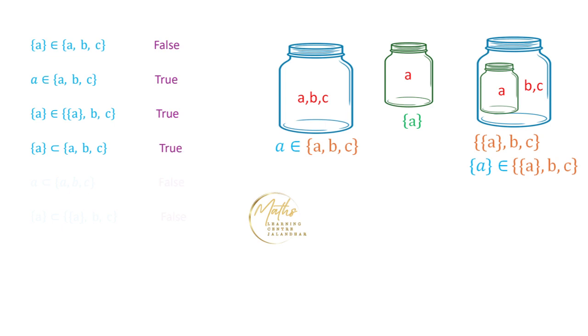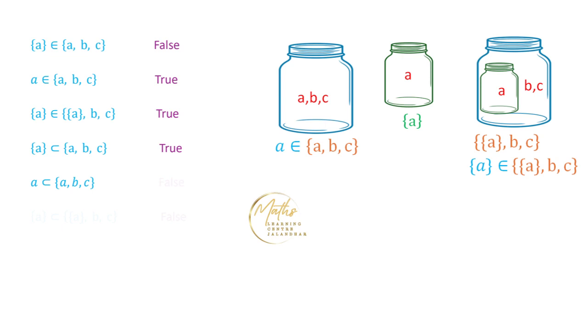The next statement we have is that A is a subset of ABC. When we are writing A over here, it means we are talking about the element A. But the first condition for subset is that A should be a set. We should have a set over here. So there is no meaning of this term when we are saying that element A is a subset of the set ABC.